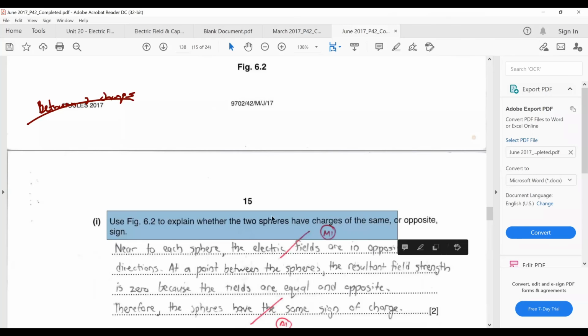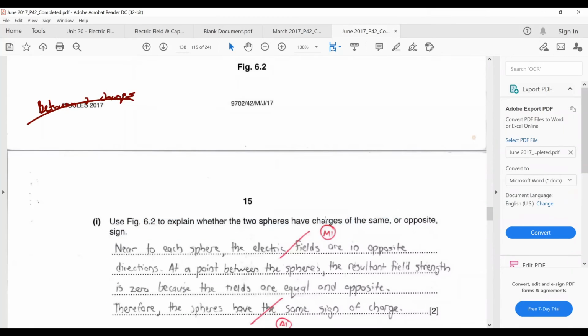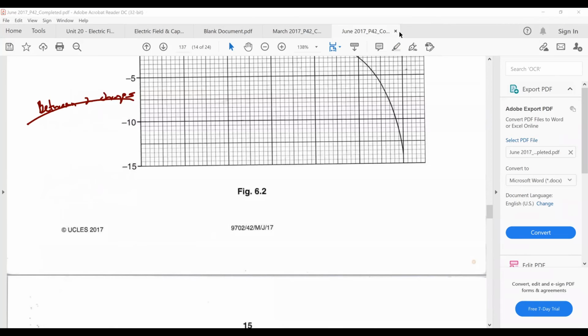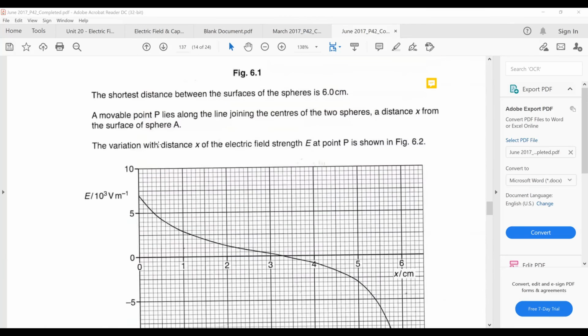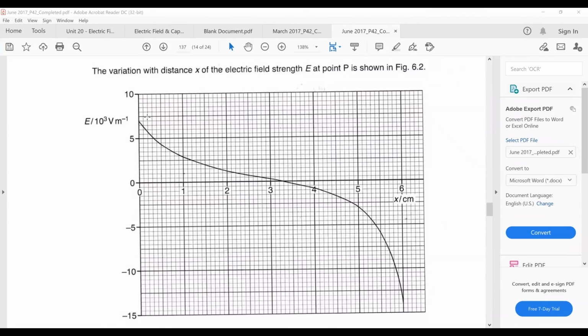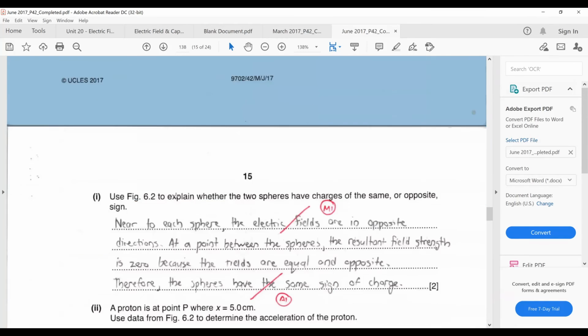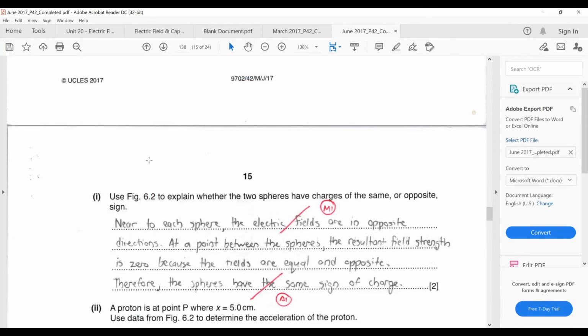They ask you to explain from the figure how you know the two spheres have the same or opposite sign of charge. So as I mentioned to you, all you need to do is look at the ends. What is the sign of the charges? You notice that your graph of E versus X now looks like this.